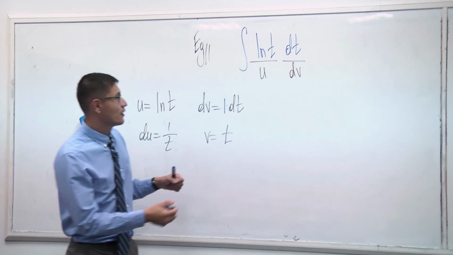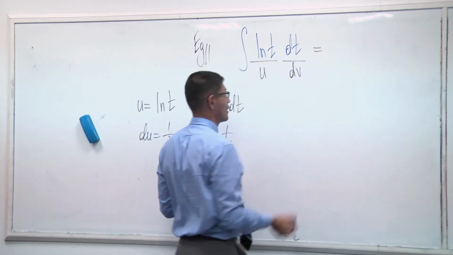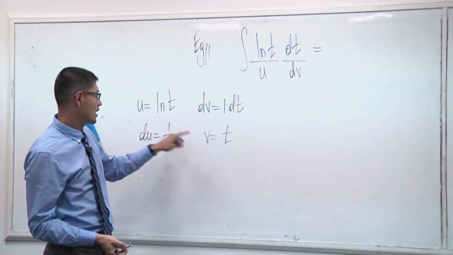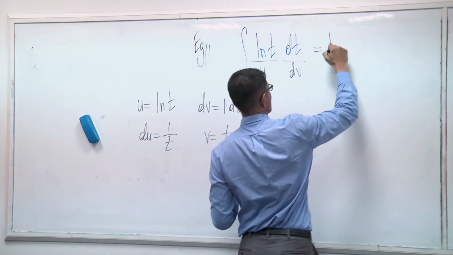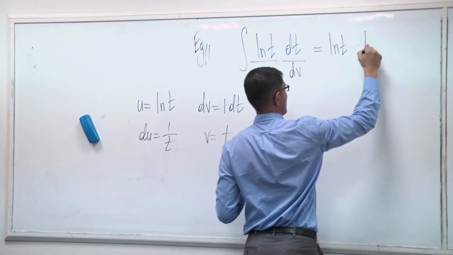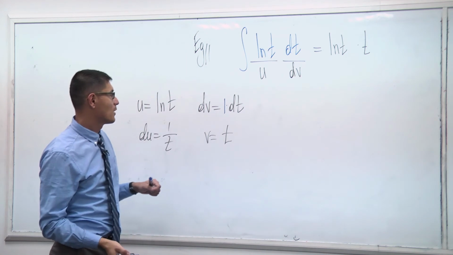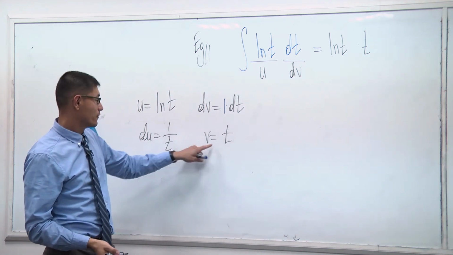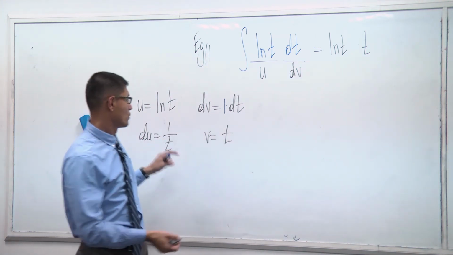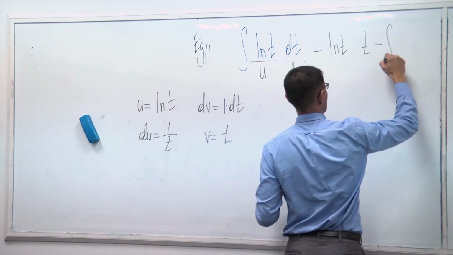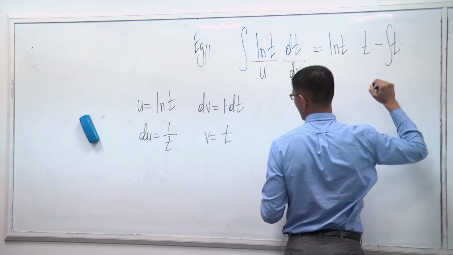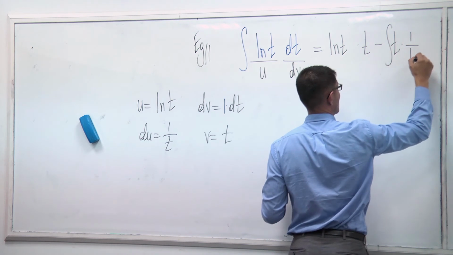Now, according to the formula, we have to write u times v. So ln t times t minus the integral of v du. So minus v times du.